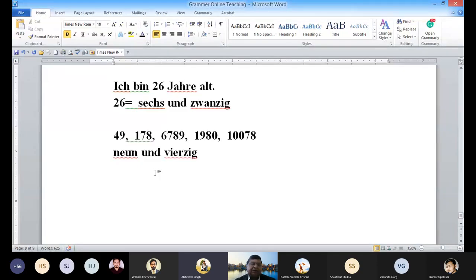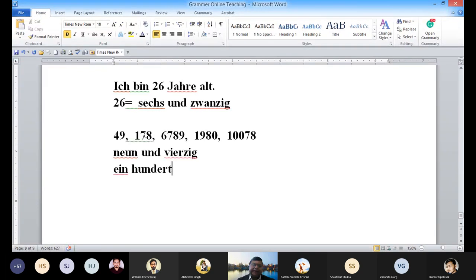No. 3-digit numbers, first we have to start from 100, because this reading of 2 digits is applicable only with 2-digit numbers. So first you read 100 and then you keep on adding. What is the word for 100? Ein hundert. So ein hundert and then simply you read 78.